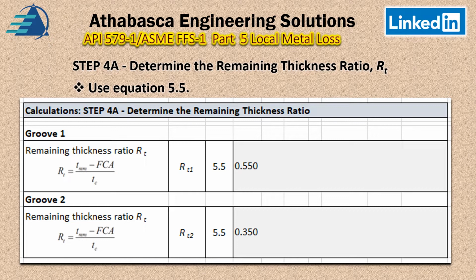Basically you take the minimum thickness minus the future corrosion allowance over TC to give us this remaining thickness ratio, to see if we did wait till the next turnaround, would we have a problem? And then we would do the same kind of thing with the second thickness. That's why I call it T1 and T2. So you can see that we require this ratio to be down to 0.35. It's going to be tight.